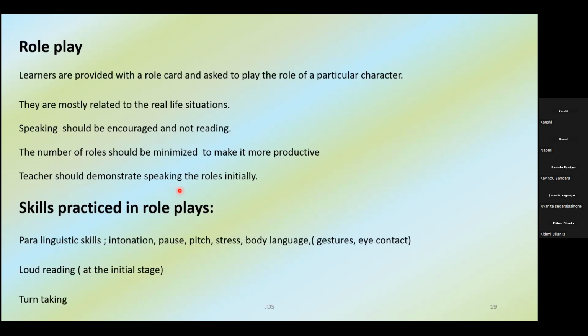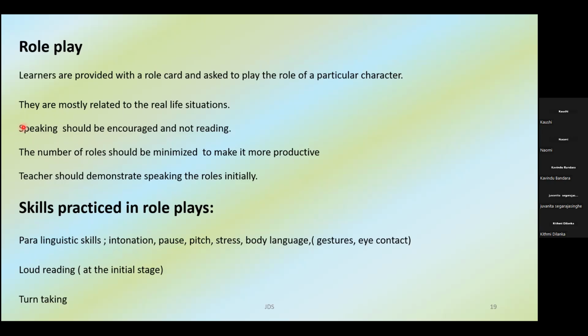Then the role play. It's a limited kind of activity as long as it's prepared. If it is not prepared, and if the learners have to prepare it, then it becomes a challenging or some kind of advanced activity, right?